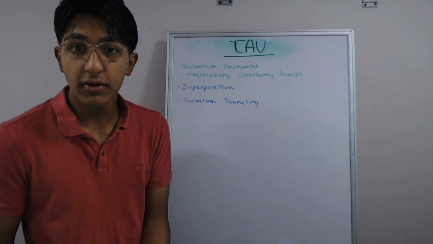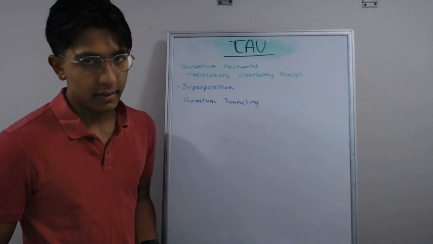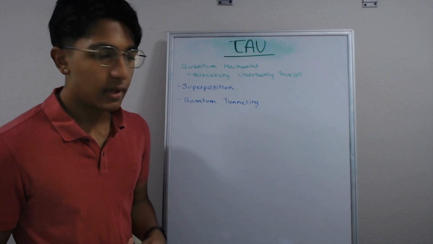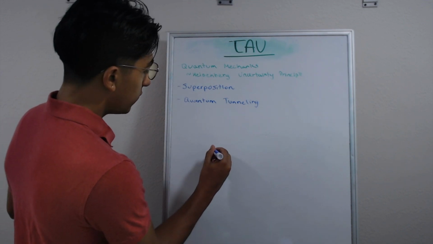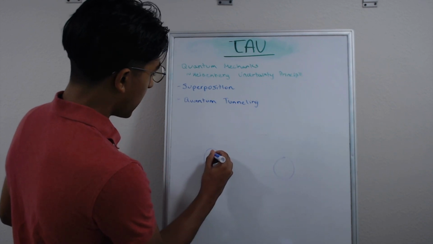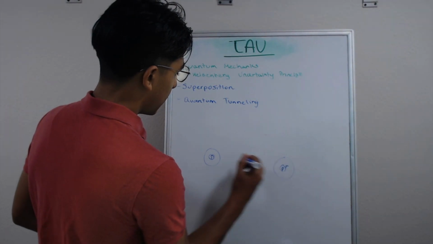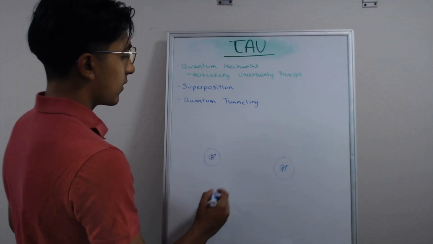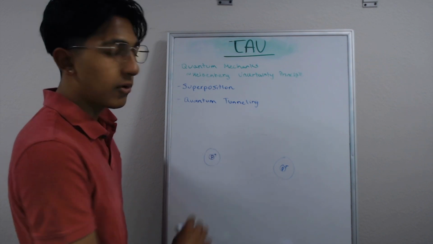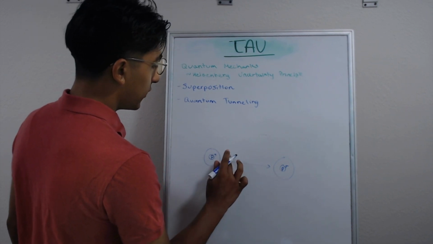Remember when we talked about nuclear fusion in stars? Well, quantum tunneling is used in that sense as well. Because the two nuclei of two atoms, right? They all have these protons which are positively charged, correct? And positively charged particles don't want to be near each other, right? They repel each other. So they're going to go apart.